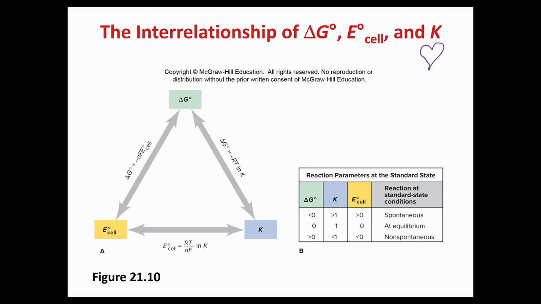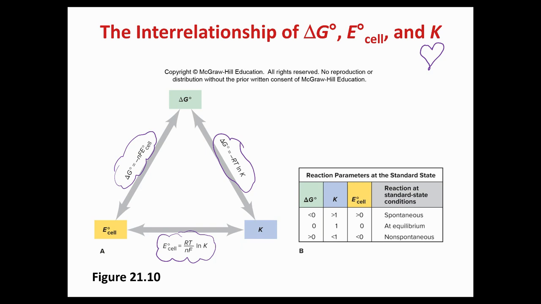If we set them equal to each other and clean them up, you'd end up with this third equation. This one is a direct equation to go from E naught of cell to K equilibrium.